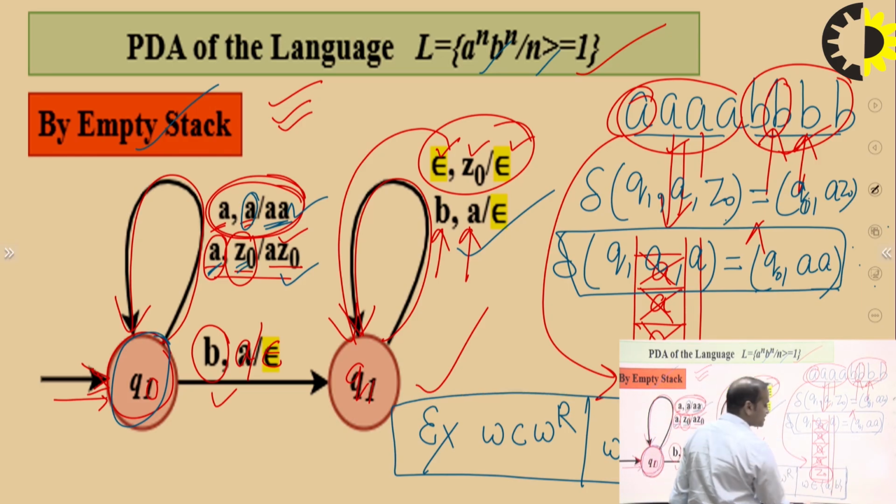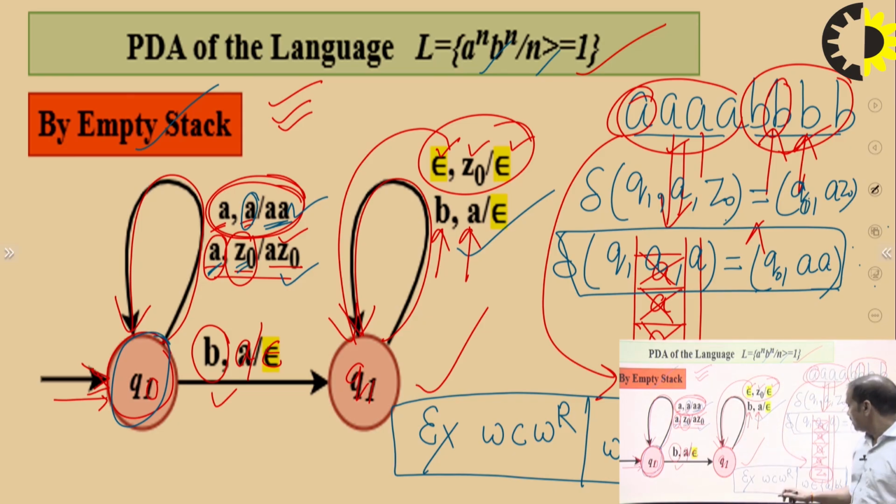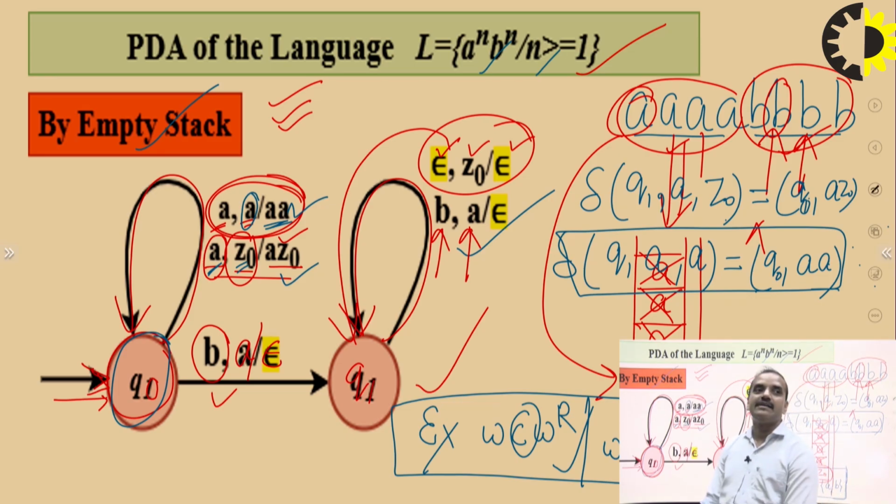What is the basic concept, what is the logic we have to use to design the PDA for the given language W C W power R? Think about this. Here C is the middle symbol. That confirms this is a deterministic PDA.